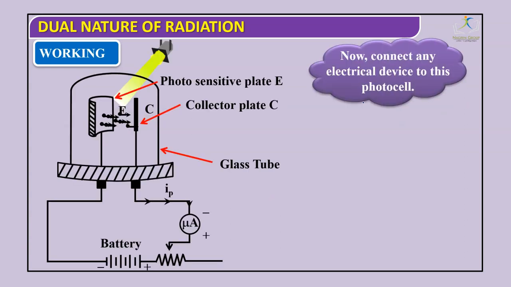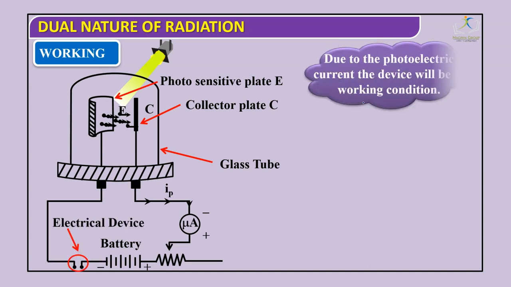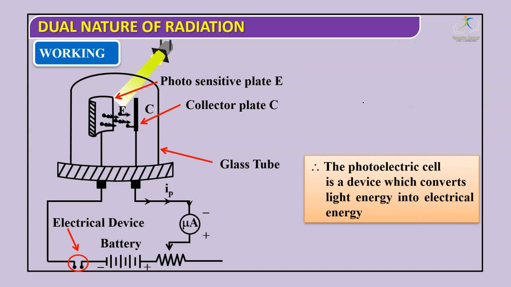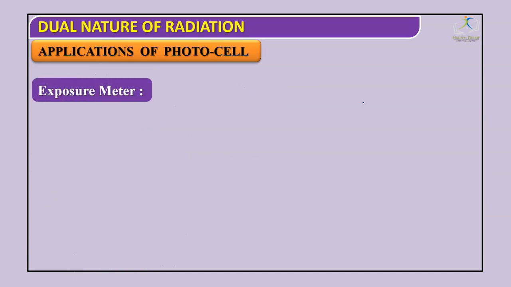Now we connect any electrical device to this photocell. Due to the photoelectric current, the device will be in working condition. The photoelectric cell is a device which converts light energy into electrical energy.